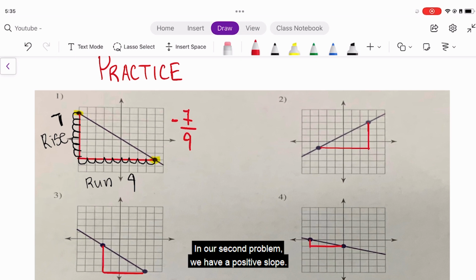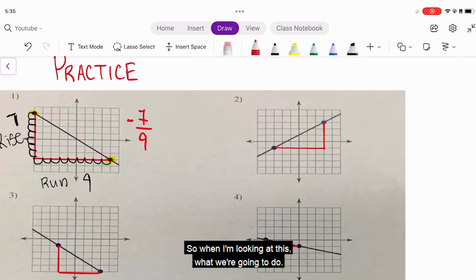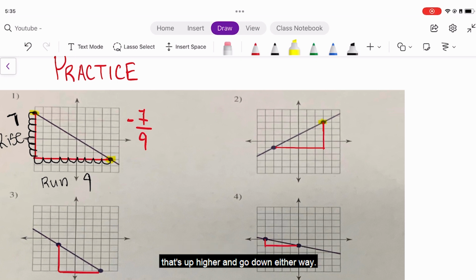In our second problem, we have a positive slope. So when I'm looking at this, what we're going to do, I'm going to start off with the higher dot and it does not matter which dot you go from. We could start from the lower dot and go up, or we could start from the dot that's up higher and go down. Either way, it will not change the rise over run, okay?